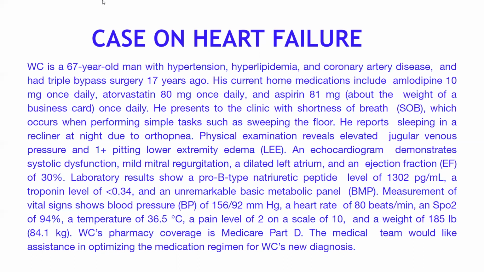An echocardiogram demonstrates systolic dysfunction, mild mitral regurgitation, a dilated left atrium, and an ejection fraction of 30%. Laboratory results show a pro-B-type natriuretic peptide level of 1,302 pg per ml, a troponin level of less than 0.34, and an unremarkable basic metabolic panel.